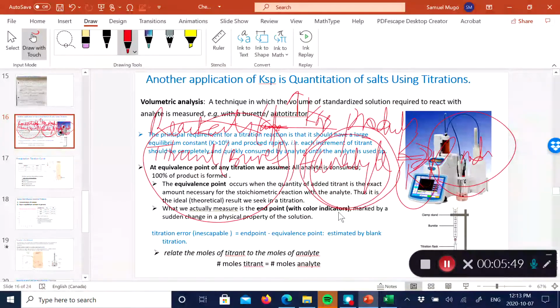And because you're using a sensor, in that case there is no titration error. All right, so take note of that. If you're doing potentiometric detection for titration, you can get rid of the titration error. On the other hand, if you're doing the colorimetric burette type of titration, then of course there will be a titration error.